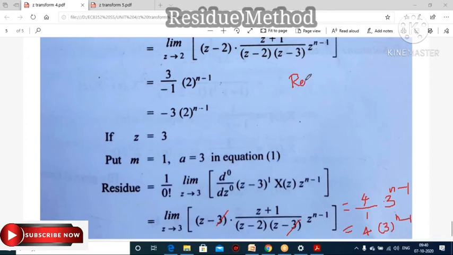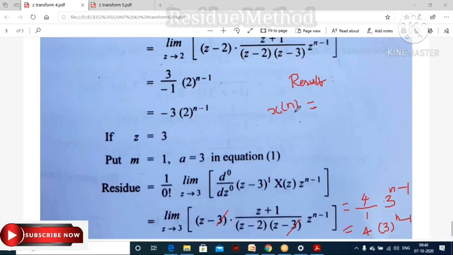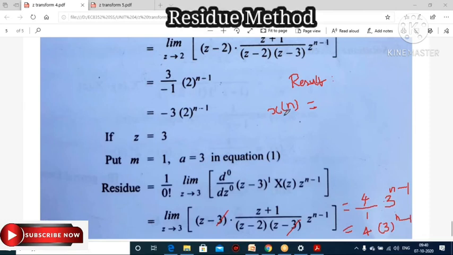Therefore the result is the sum of the residues of the poles. Okay, sum of the residues of the poles. So the answer becomes x of n, because this is an inverse z transform, definitely your final result should come under x of n only. So x of n is equal to the residues of these two poles.